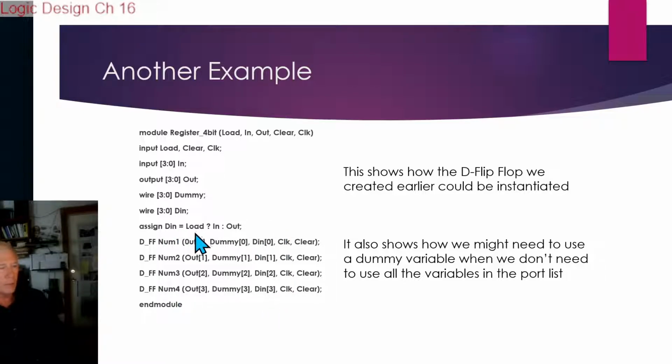If, on the other hand, load is 0, then my output is going to be assigned to D in. Now, what does that mean? Well, on the clock edge, I'm just going to connect the current output of the flip-flop to the input. So in other words, my flip-flop will hold its value.